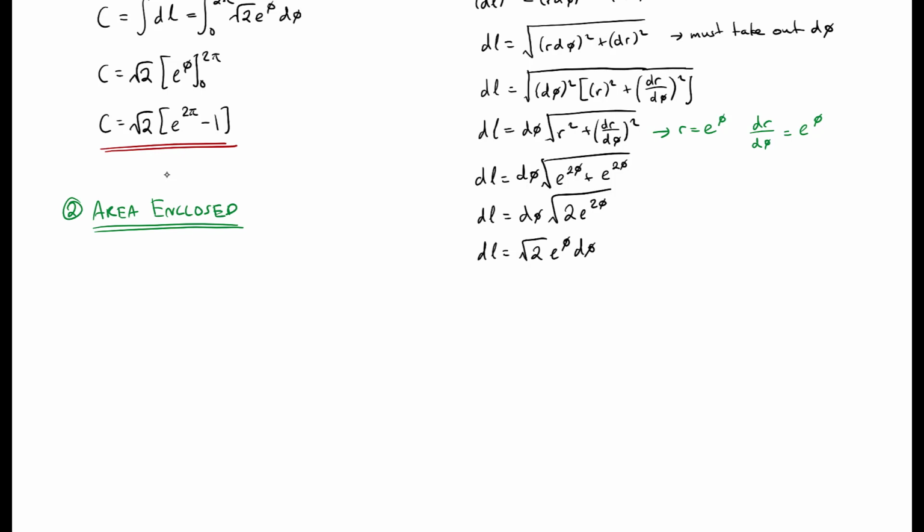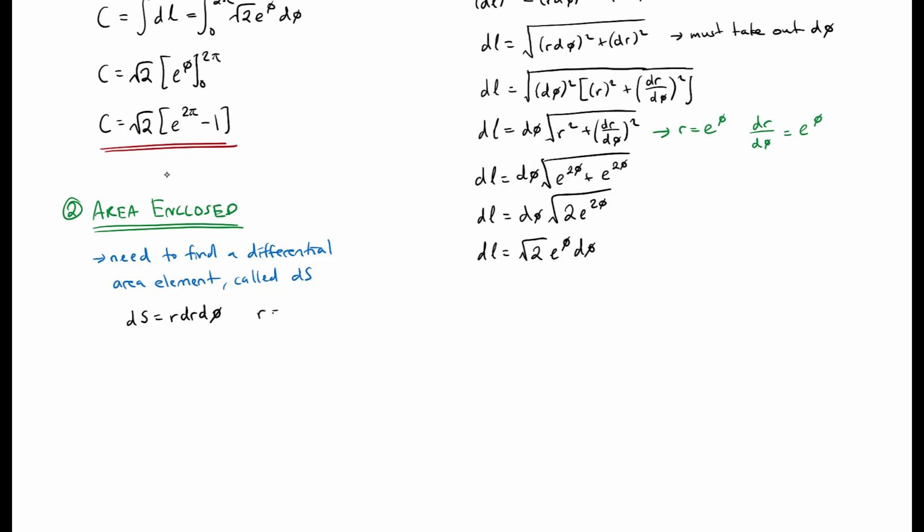We're trying to find the area now, so we need to find a differential area element, which we usually call ds. And because we're working in polar coordinates, we've defined ds before. ds, remember, was equal to r dr d phi.